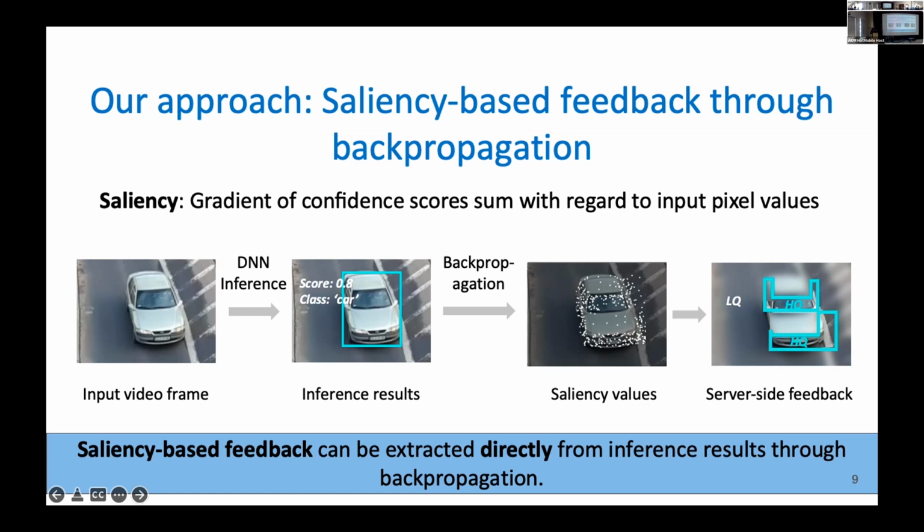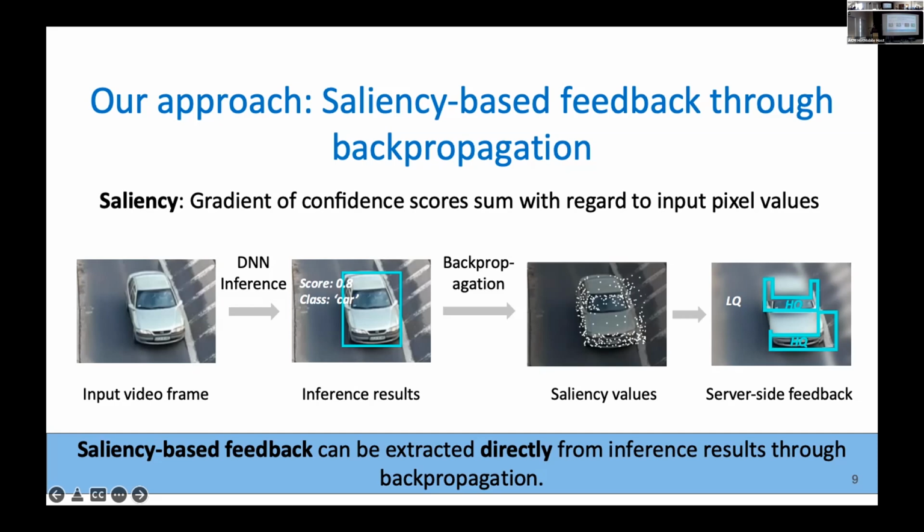As we can see in the workflow here, we first extract the inference result from the server-side deep neural network. Then we run a backward propagation operation on the result in order to obtain the saliency values. These white little dots indicate the pixels with high saliency values.